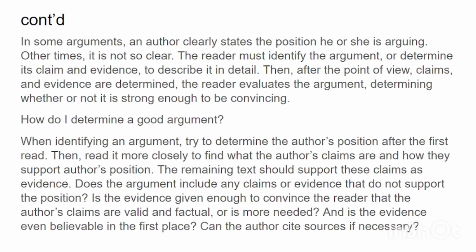So does the argument include any claims or evidence that do not support the position? Is the evidence given enough to convince the reader that the author's claims are valid and factual, or is more needed? And is the evidence even believable in the first place? Can the author cite sources if necessary?